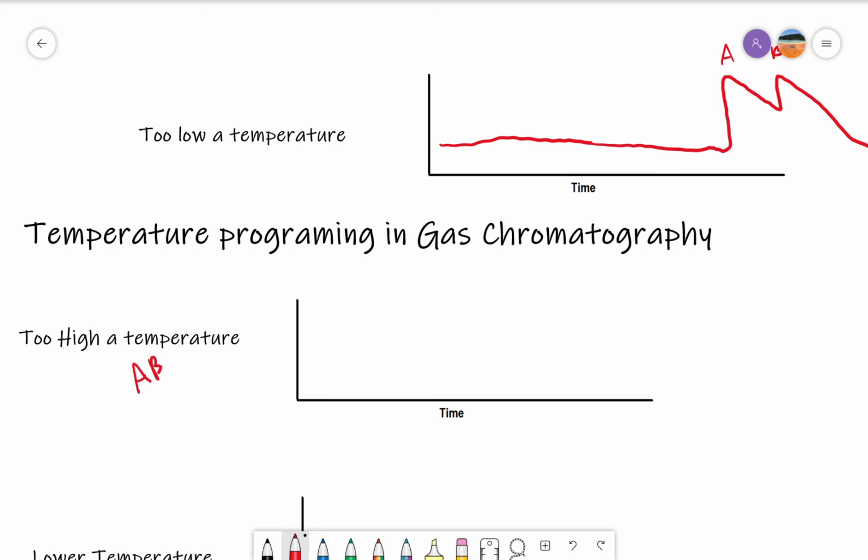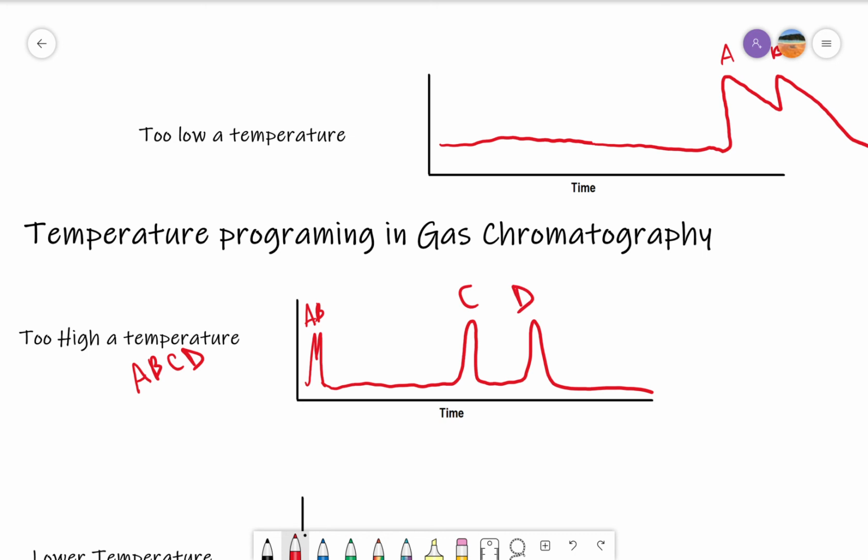This becomes more of a problem if you have a mixture that contains more than two compounds. Let's say it contains 4. And let's say at a very high temperature, A and B don't get separated, but C and D do.